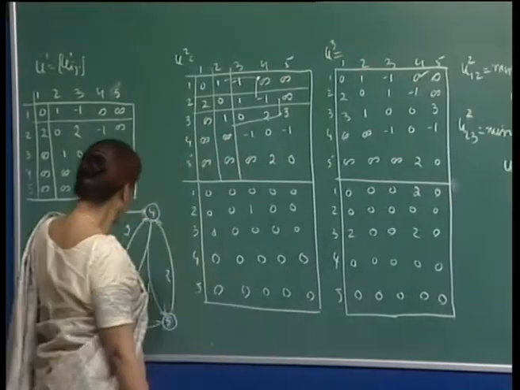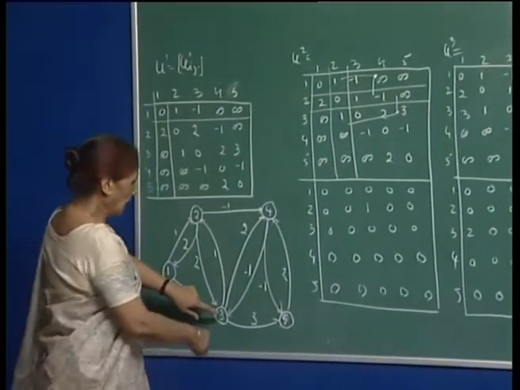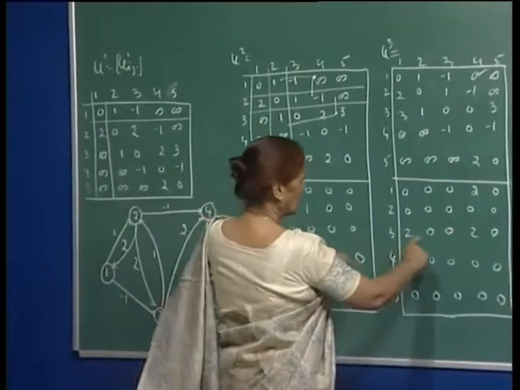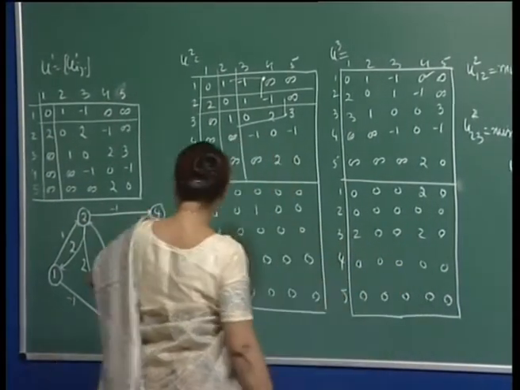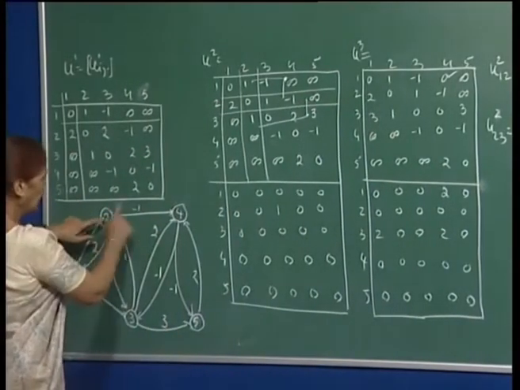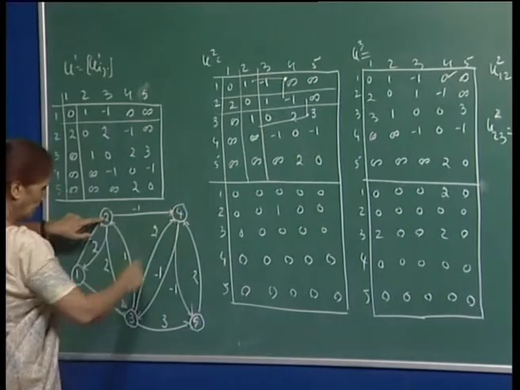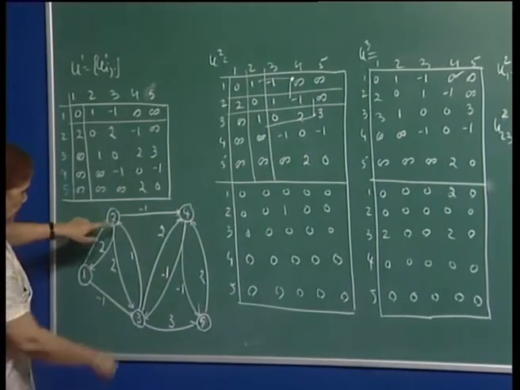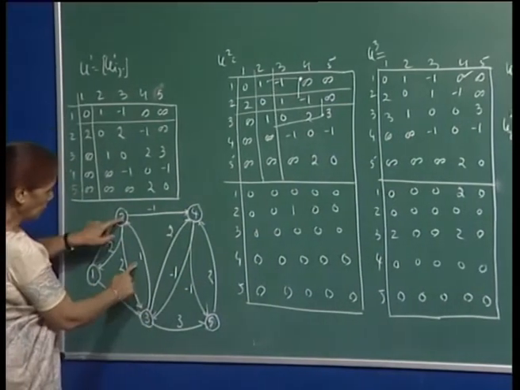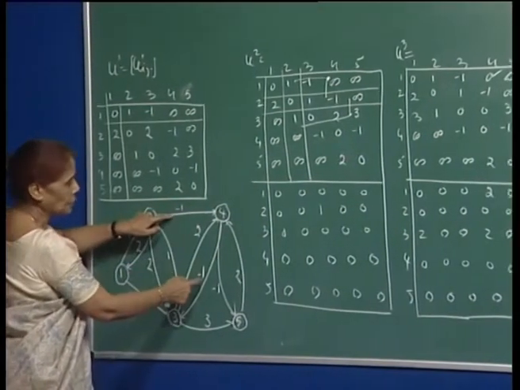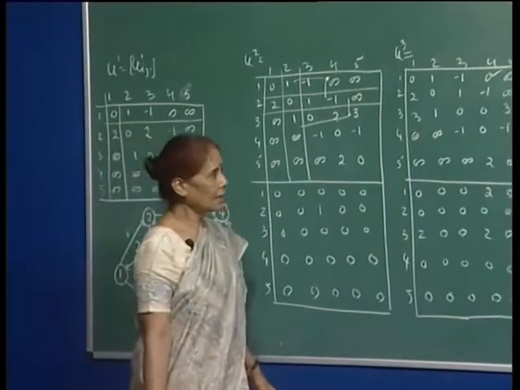So, your path should be 4 3, and then at 3 the change took place, yes, here the change took place via 2. So, 3 2. So, you have to visit 2 and then you go to 4. So, if you look at 4 3, 3 2, 2 4, yes, 4 3 is minus 1, 3 2 is 1, 2 4 is this. So, therefore, the total length of the path is minus 1, and hence there is a negative cycle.